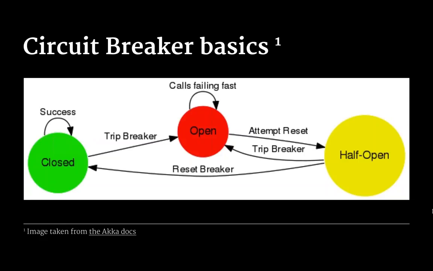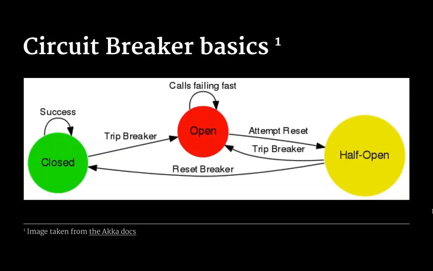Once we're in the open state, there's going to be a cooldown period, a configurable amount of time, where all calls are failing fast. After that time passes, we're going to go into a sort of trial state called half open. When we get to half open, we're only going to let one call through. That's our test.